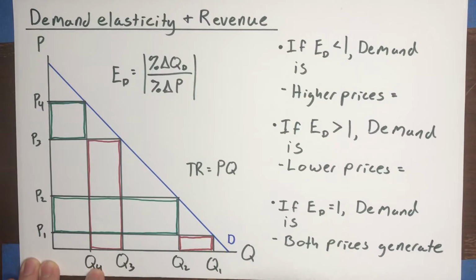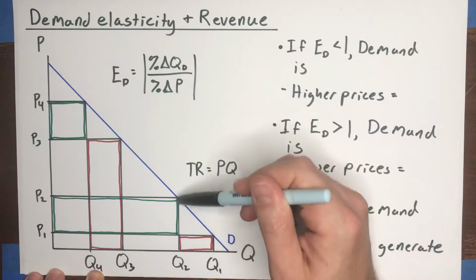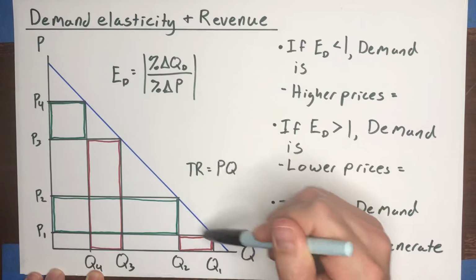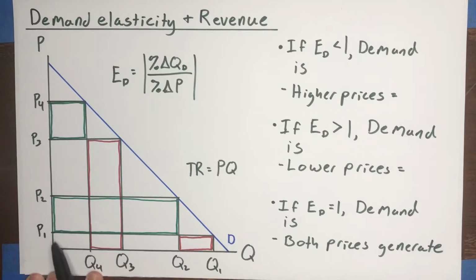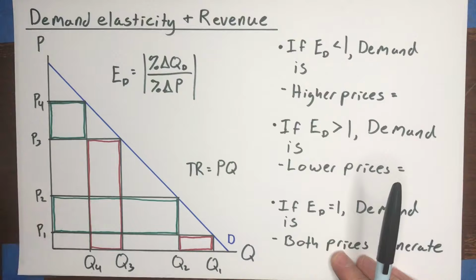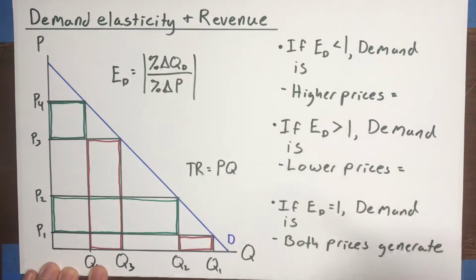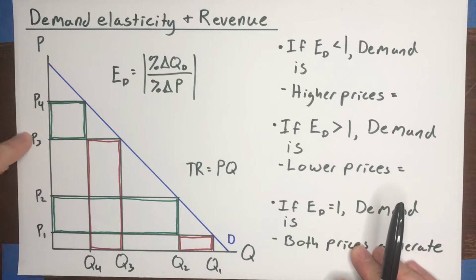Okay. What about prices? Prices are increasing at a pretty fast rate between these 2 points on the demand curve. P2 is several times larger than P1, right? This is maybe 3 times the price of P1. Whereas P4 is maybe 25%, 30% greater than P3.